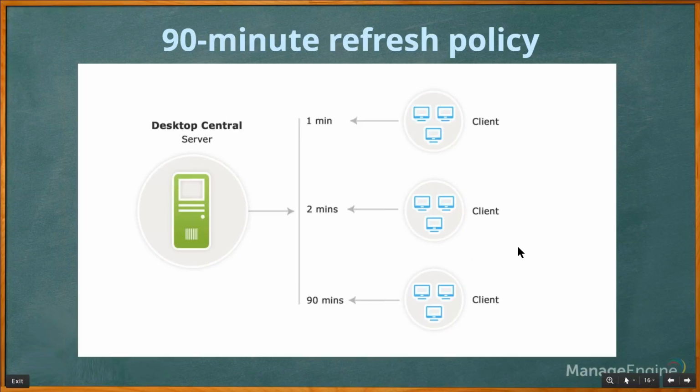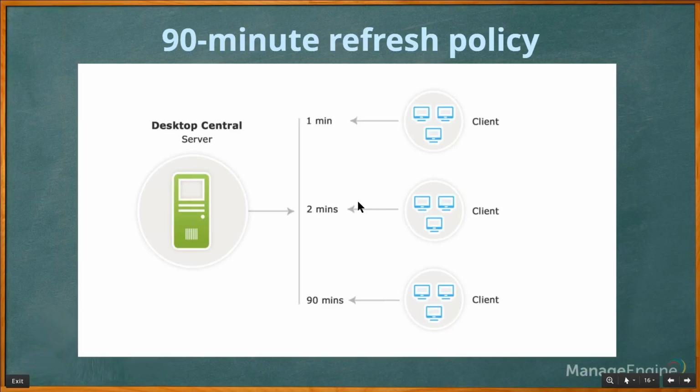Two important factors are ensured here. First, the network is not choked by agent communication, meaning bandwidth is not disturbed by agent-server communication. And second, most importantly, the performance of the server itself is not affected at any time. The Desktop Central server has the intelligence to ensure systematic, streamlined communication from all agents to the server at regular intervals.